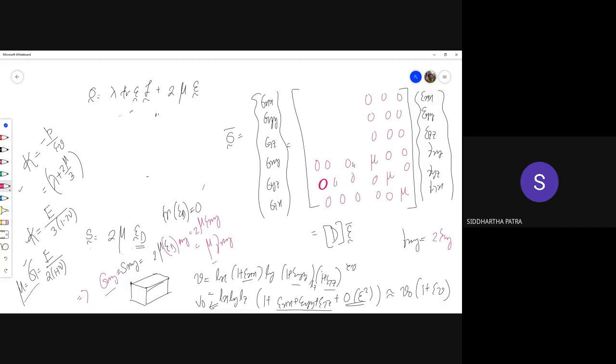Now we are left with the three normal stress components. If you look carefully, in this expression, it is lambda times (epsilon xx plus epsilon yy plus epsilon zz) plus twice mu epsilon xx, which basically means there is lambda everywhere plus twice mu in the diagonal terms.